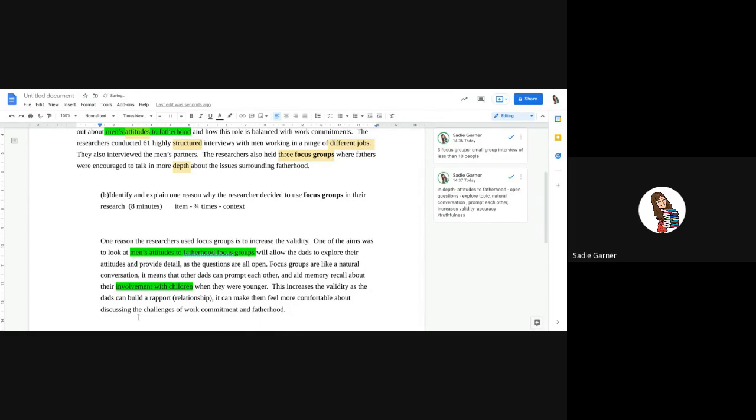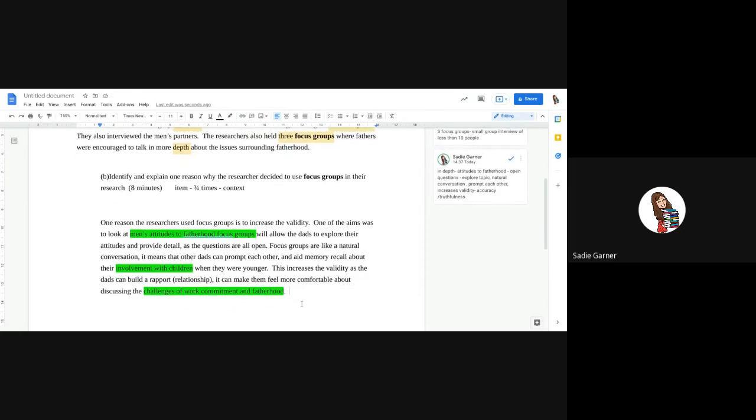It adds to the validity as well because they can build a rapport or relationship, and it would make them feel more comfortable about discussing the challenges of work commitment and fatherhood. If they have guilt that they missed their children's plays, or missed things because of work commitments, that's a really difficult subject to discuss.